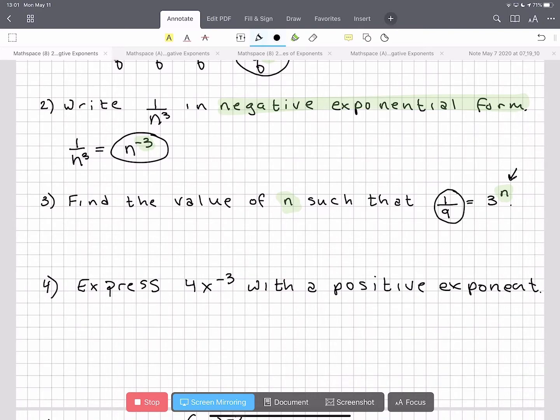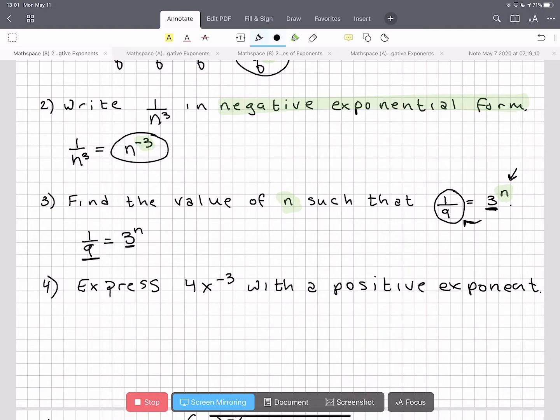Right, so if I'm going from a positive 3 here, or a 3 as a whole number, and it ends up as a fraction, we know that n has to be a negative exponent. So 1 over 9 equals 3 to the n. Well, how many times can I multiply 3 by itself to result in 9? And we know that's 2 times. 3 times 3 is 9.